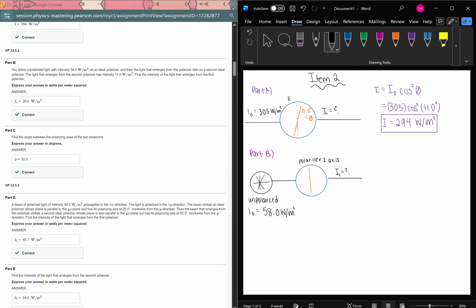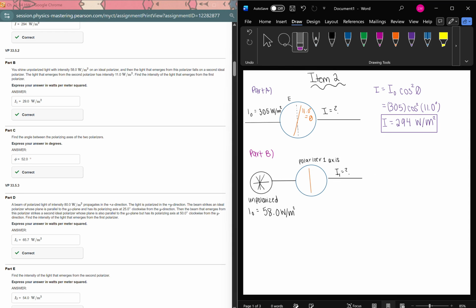We also know the second polarizer, which I forgot to draw, so I'm gonna draw it here.